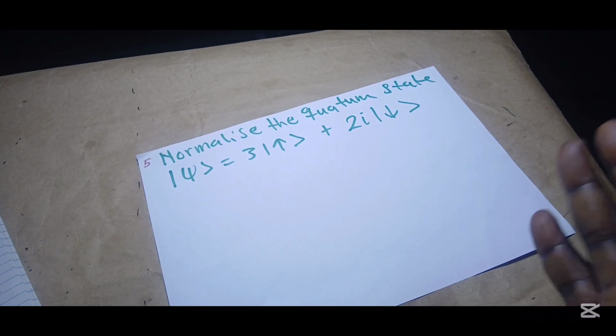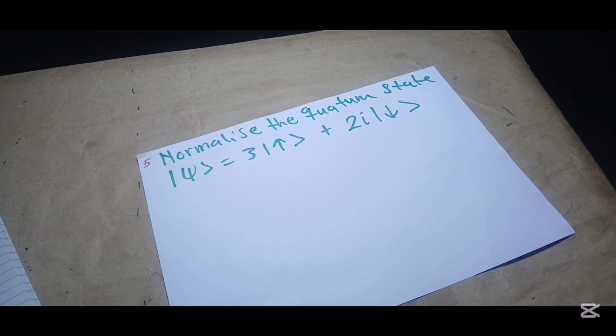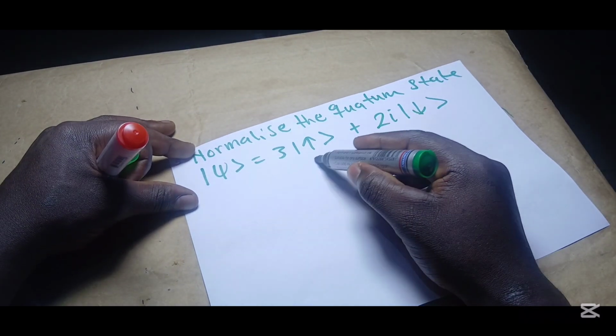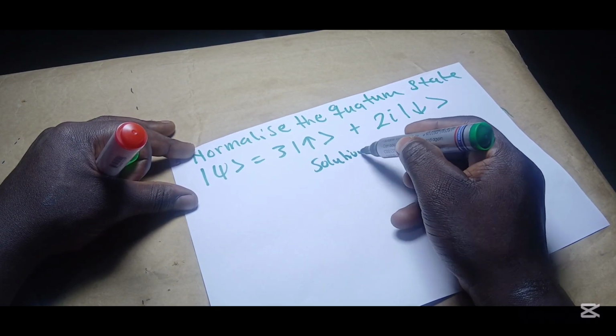Let's look at the short way of solving this problem with ease. Then after that, we'll also look at another way of solving it. But let's try to solve it in the standard way.